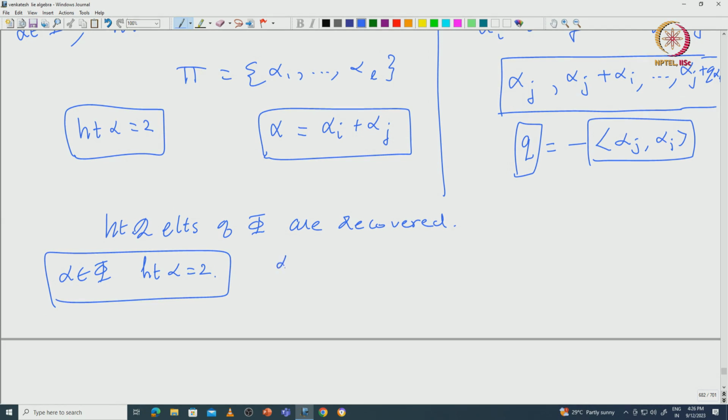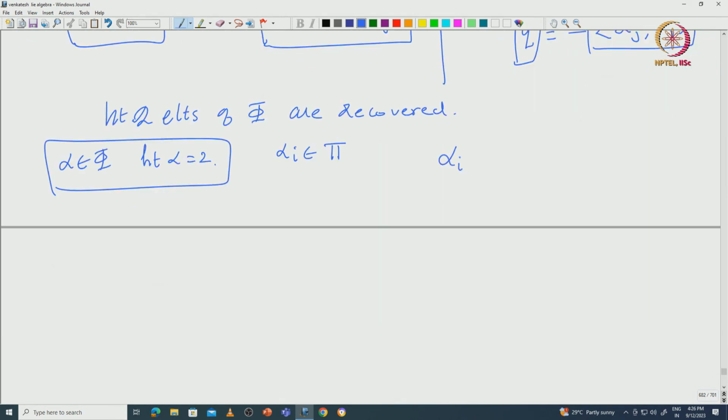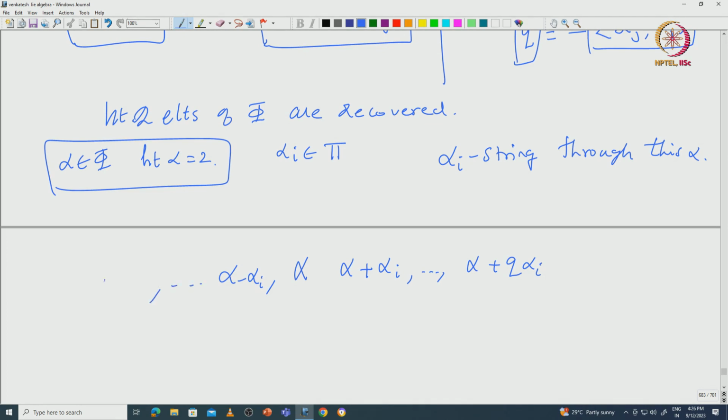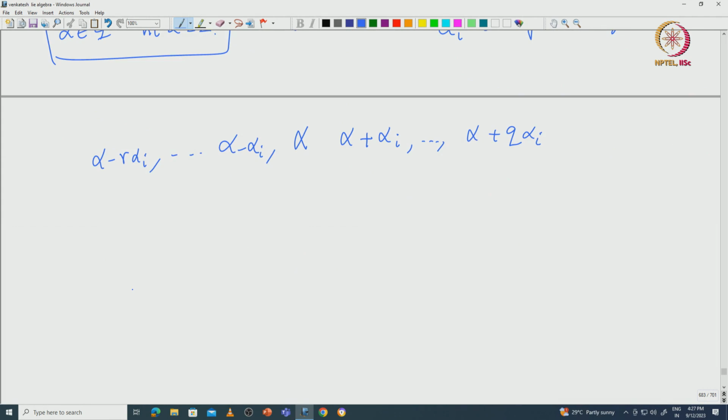Take α_i from Π. Now, look at the α_i string through α. You know that it starts with α, and then you will be adding some α_i, ending at α plus qα_i, and similarly you will be subtracting some α_i, ending at α minus rα_i. The number r must be at most 1.